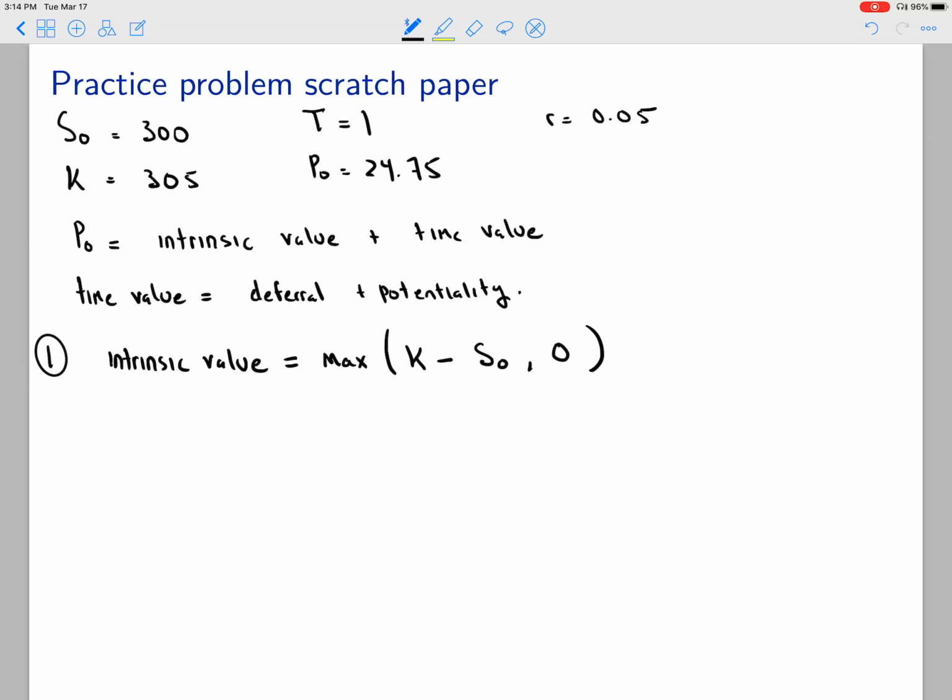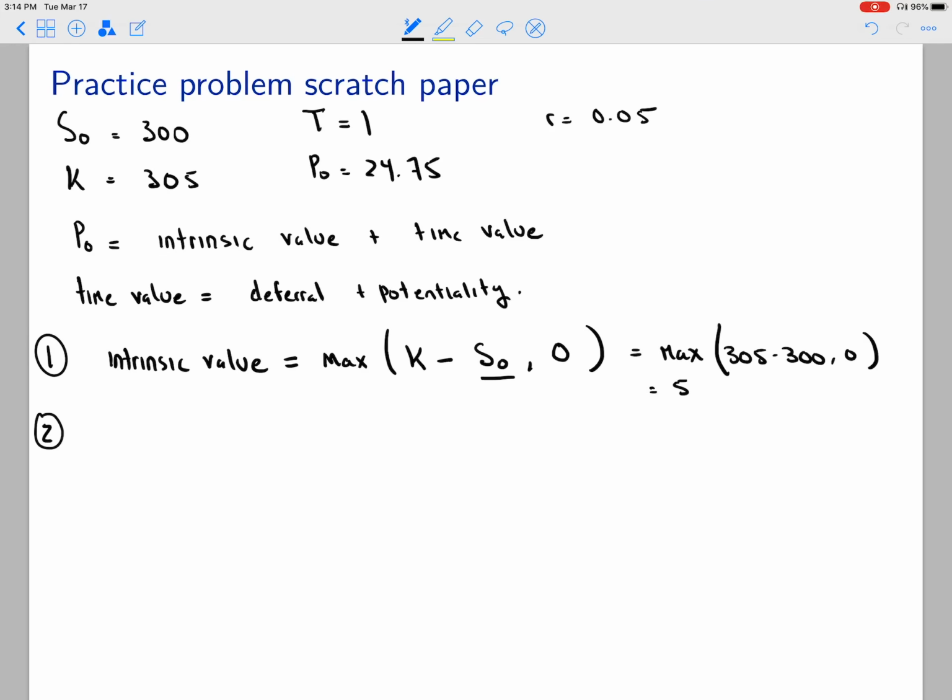It's exactly the payoff of the put, except we use S0 instead of ST. Plug and chug: max of 305 minus 300 and 0, which is 5. This time we have a positive intrinsic value because the stock price is below the strike at this date.